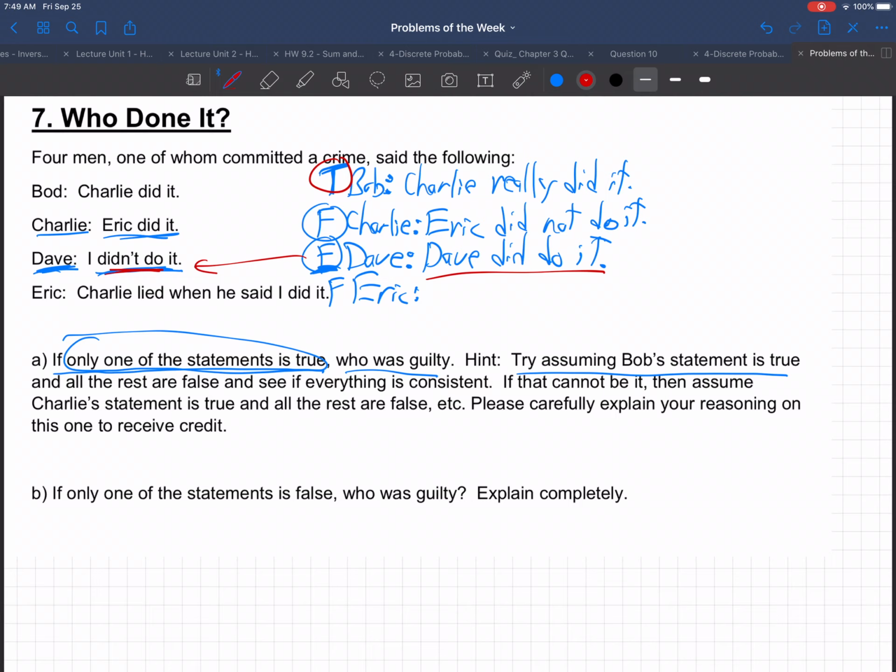But wait a minute. Up here, if Bob is telling the truth, and he said Charlie did it, that means Charlie really did it. They said one of whom committed a crime. I don't even need to go on with Eric.